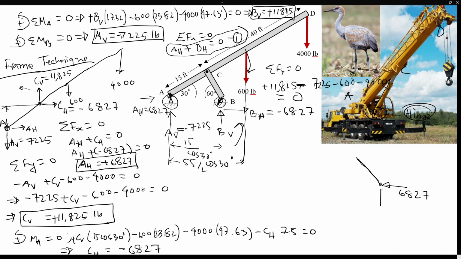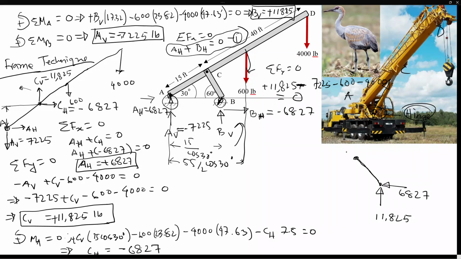And we previously calculated the vertical reaction at B, which was 11,825 pounds. And then at point C, remember, everything we calculated for the boom, the value will be exactly the same, however in exactly the opposite direction.